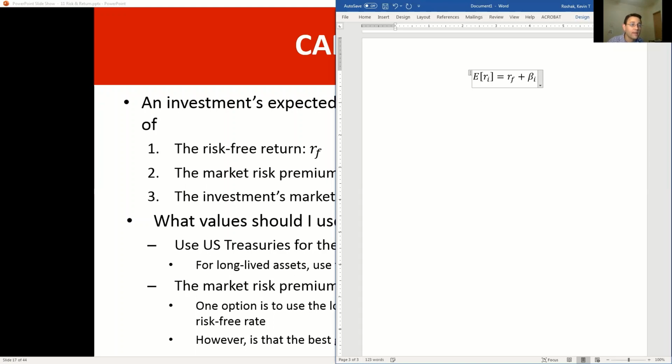Well, we're going to have beta, which is the quantity of systematic risk that we take, and we're going to multiply that by what's called the market risk premium. This is the expected return on the stock market, again, think the S&P 500, minus the risk-free rate.